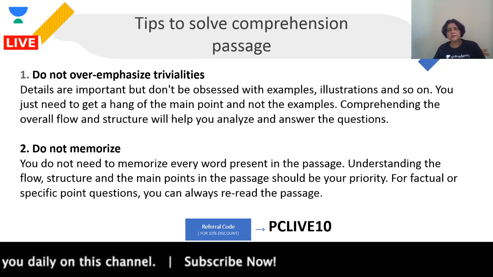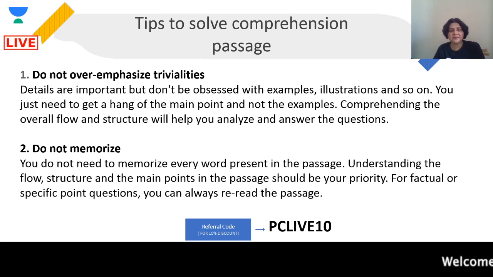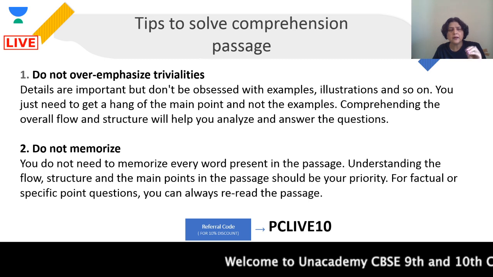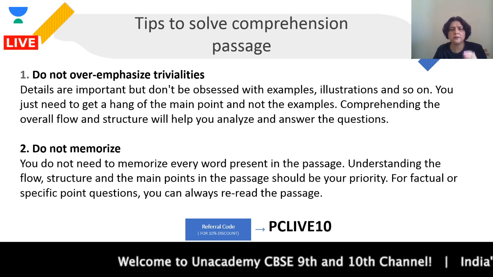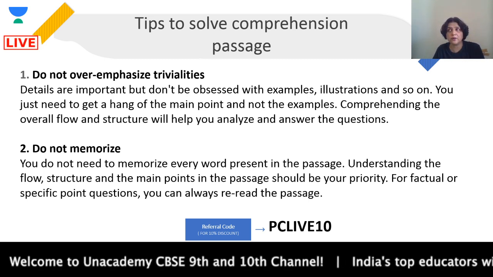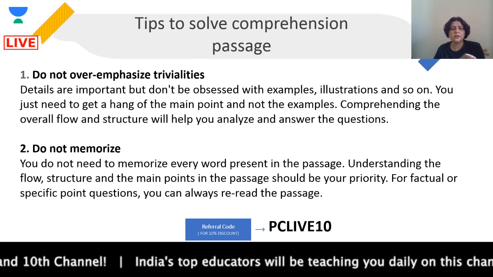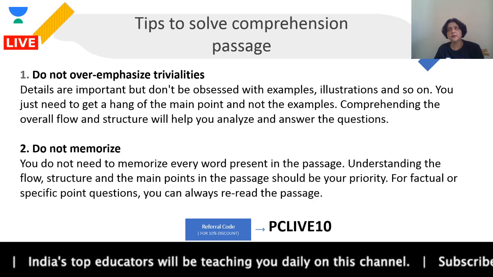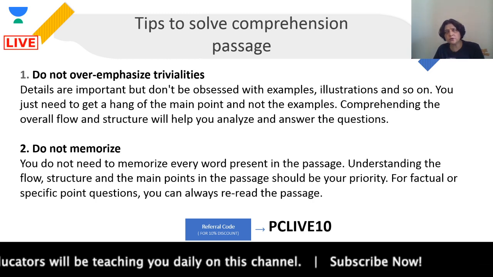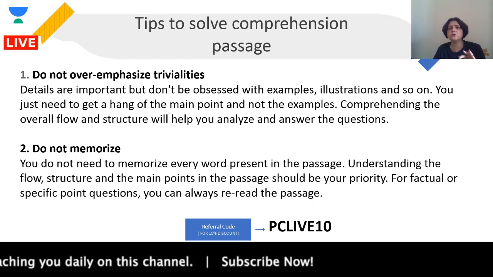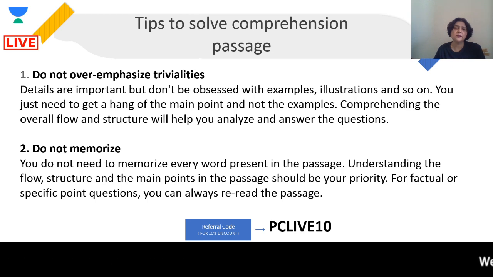So in that case, if you have understood the key message or the implicit meaning of the passage, then understanding the flow, structure and the main points in the passage should be your priority. If you have understood these things, you should be able to pen down at least a 2-mark or a 3-mark answer.